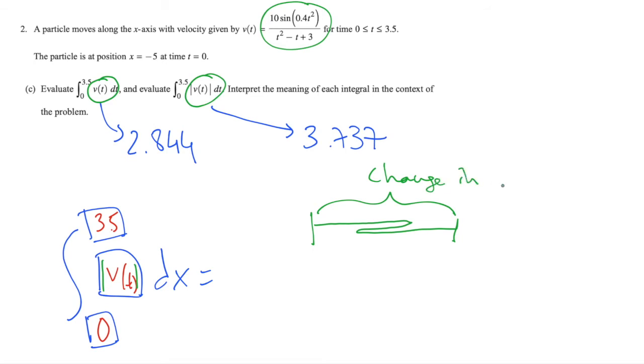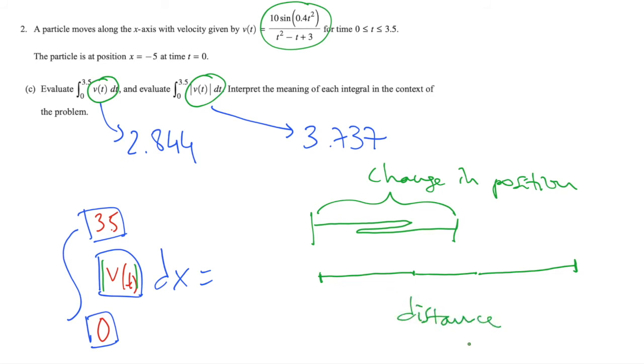But on the other hand, if you are taking into account the positive values, it means this part, when it's going back, will also be positive, and then the third one will also be positive. So actually this is the total distance traveled by the particle.